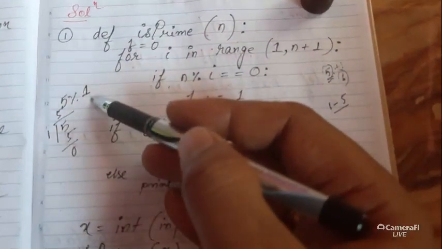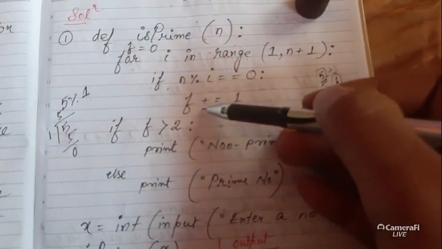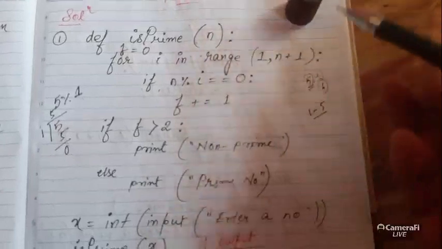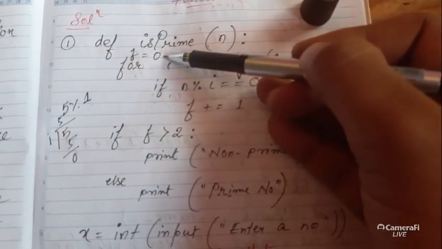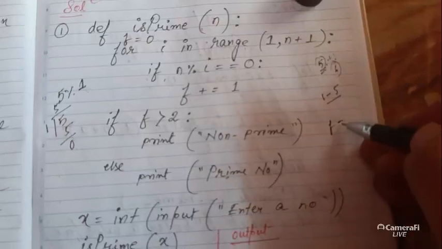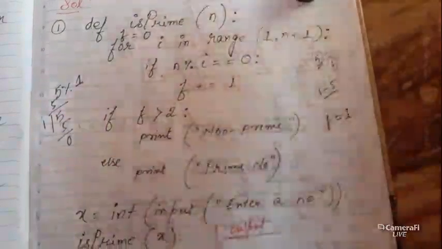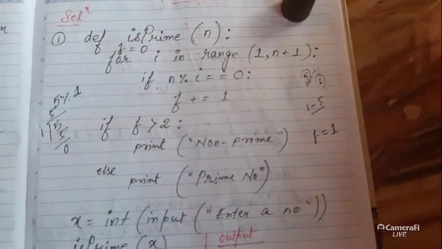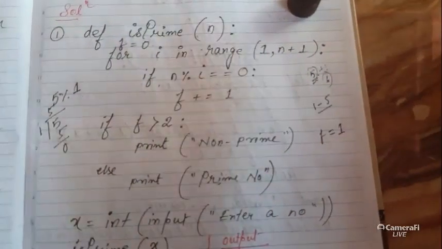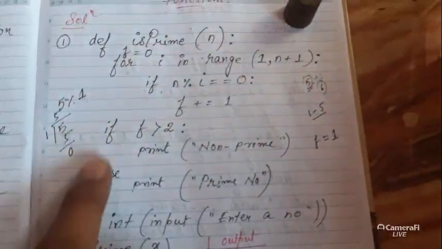So we'll consider this one. The value of f will be updated by 1. The present value of f is 0, so f will be updated by 1. That means the value of f will be 1.